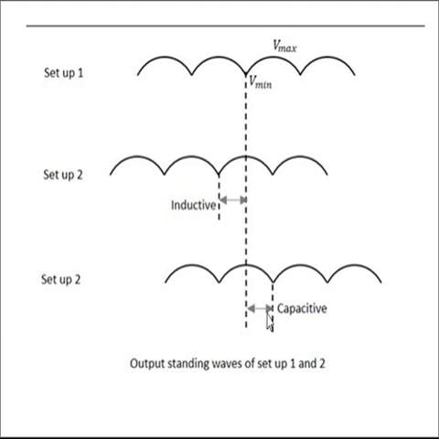If the V min from setup 2 is on the right side, then the impedance is capacitive in nature. And if the two V mins from setup 1 and setup 2 coincide, then the impedance is resistive in nature. Then by using the Smith chart we can know the value of the unknown impedance. This is how we can measure the unknown impedance using the slotted line technique.